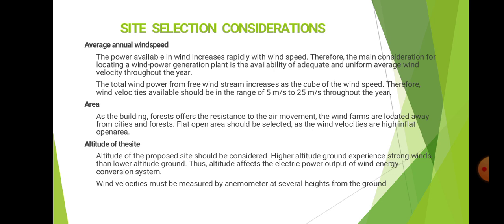Therefore, the main consideration for locating a wind power generation plant is the availability of adequate and uniform average wind velocity throughout the year. The total wind power from a free wind stream increases as the cube of the wind speed. Therefore, the wind velocity available should be in the range of 5 meters per second to 25 meters per second throughout the year.